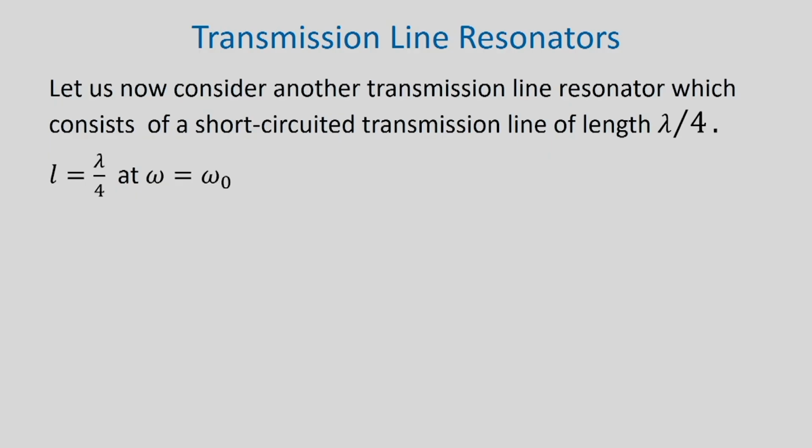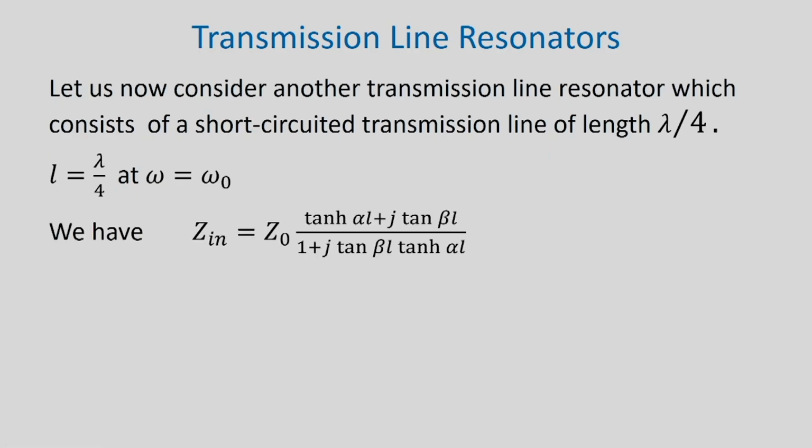Now, the line as before is assumed to be slightly lossy, that means having an attenuation constant of alpha and phase constant beta and characteristic impedance Z naught.